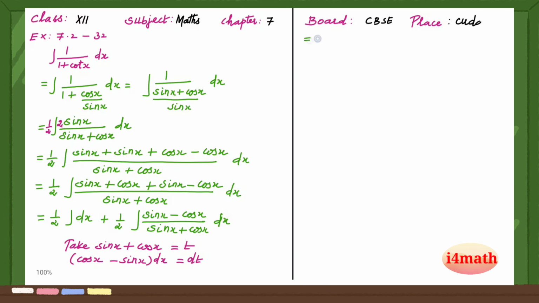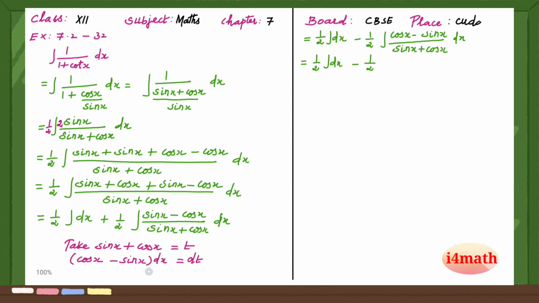So 1 by 2 integral dx plus 1 by 2 integral. You see here in the numerator sin x minus cos x is there, so take one minus outside, so it will become minus 1 by 2 into cos x minus sin x, and then in the denominator it is sin x plus cos x, and then here dx. 1 by 2 integral dx minus 1 by 2.